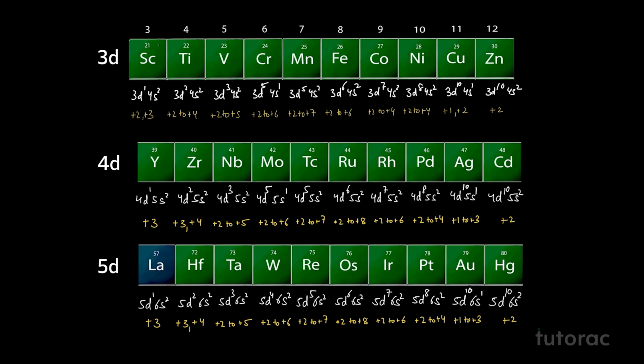So with a greater number of electrons, there will be a change in the oxidation state as well. The oxidation state will decrease as we go later into the series, right? That is happening similarly in the 4d series and also in the 5d series. So these are all the electronic configurations and their oxidation states combined.